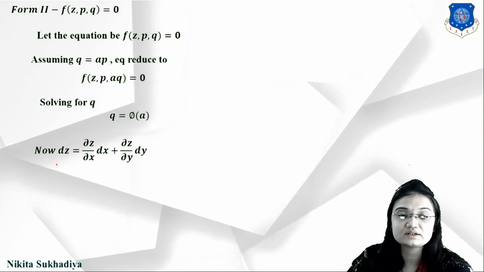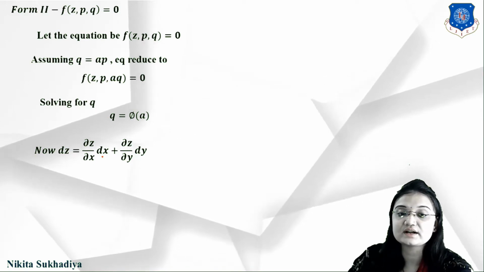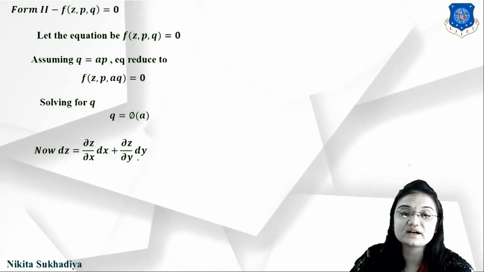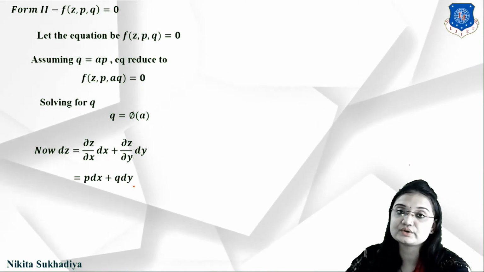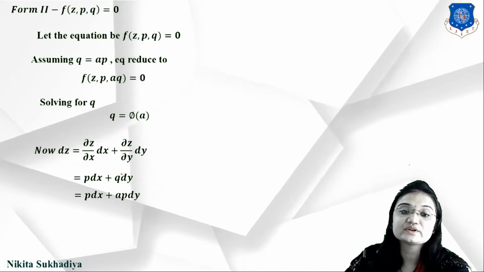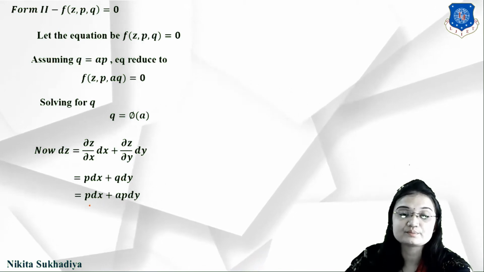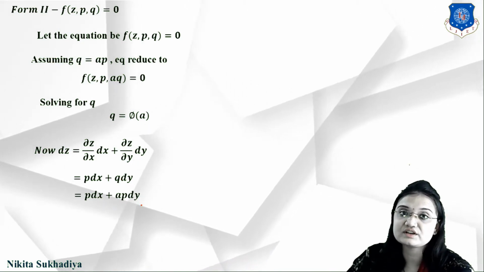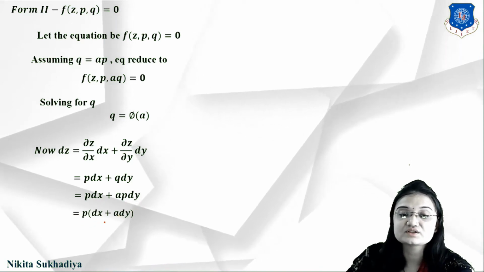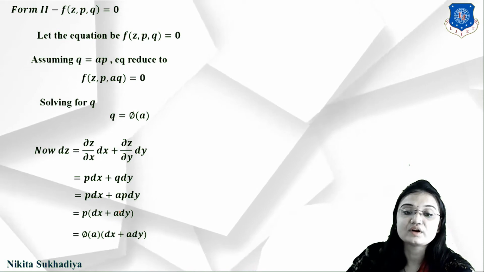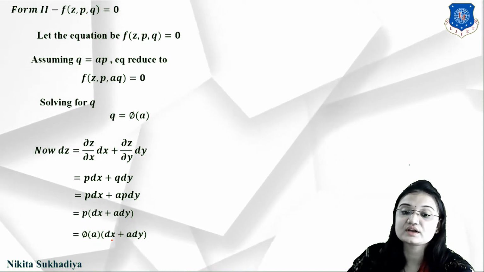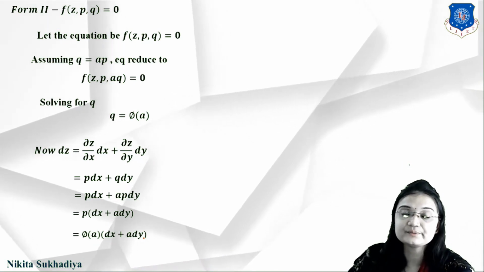Now we have dz is equal to del z by del x into dx plus del z by del y into dy. So this will become p dx plus q dy. But putting q is equal to ap, this will become p dx plus ap dy. By taking p common, this will become p into dx plus a dy. So our next term will become phi of z, a into dx plus a dy.